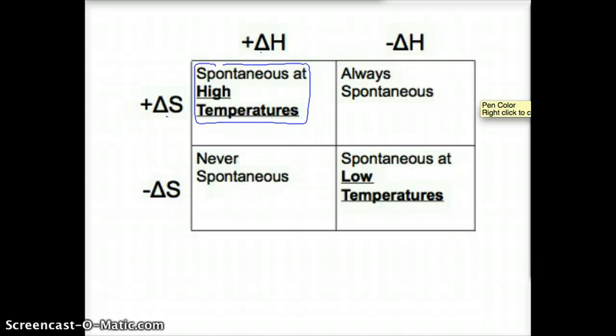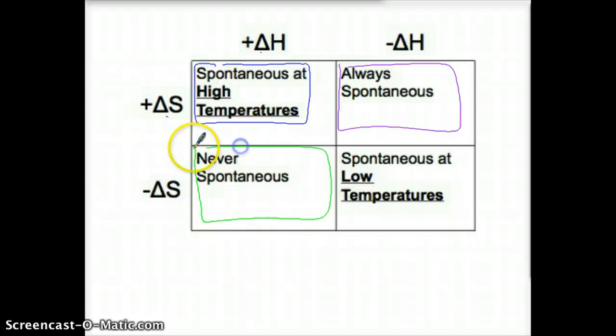If delta H is negative and delta S is positive, the reaction is always spontaneous. If delta H is positive and delta S is negative, the reaction is never spontaneous. And if delta H and delta S are both negative, the reaction is spontaneous at low temperatures.